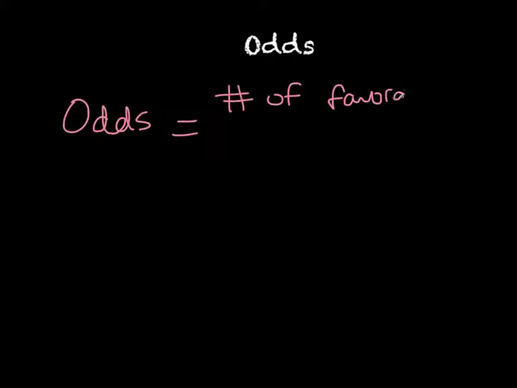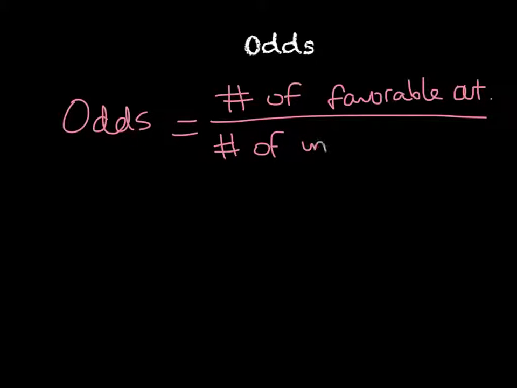Odds are another way of expressing probability. Remember that probability was the number of favorable outcomes over the total number of outcomes. Well, odds is defined as the number of favorable outcomes divided by the number of unfavorable outcomes.